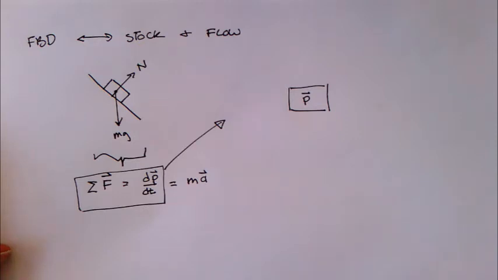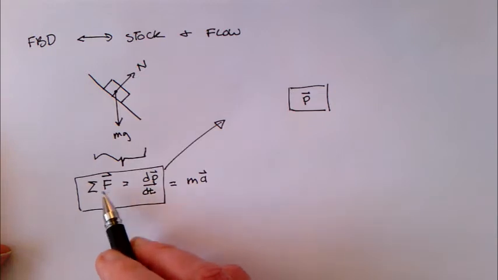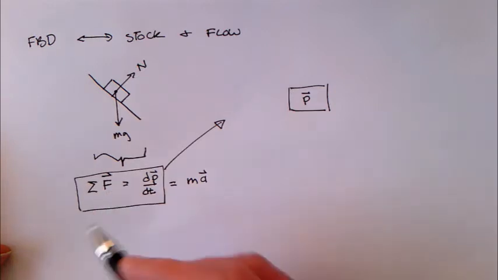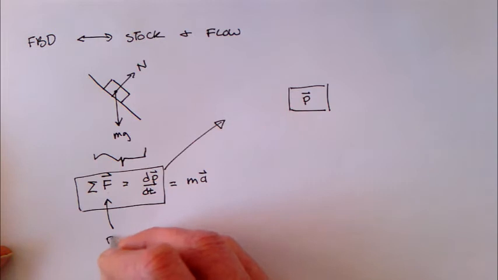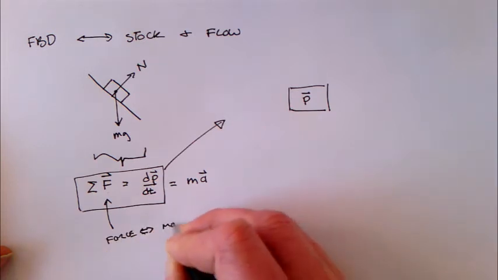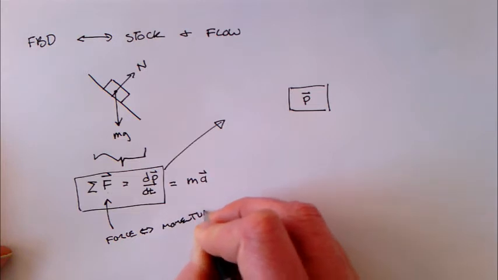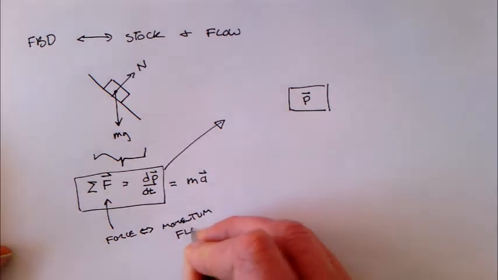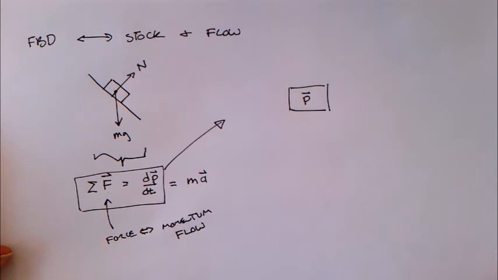And that momentum is changing, and it's changing due to forces, right? In other words, force is a flow of momentum. And I will say that again, force is a flow of momentum. Force is the thing that causes momentum to change.